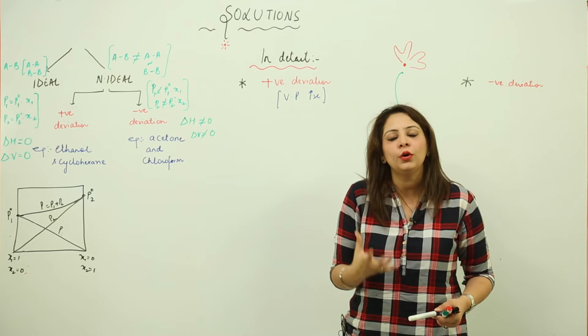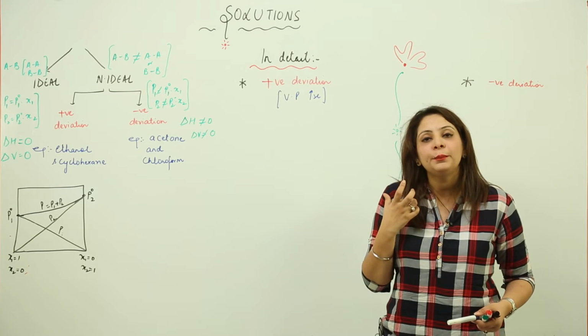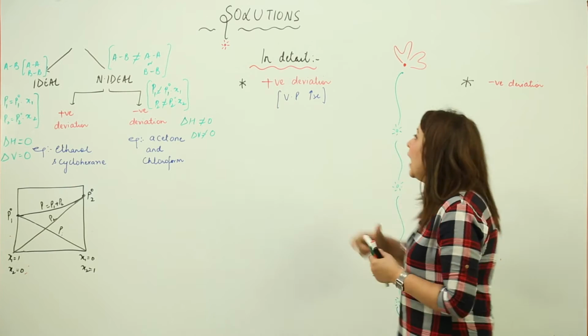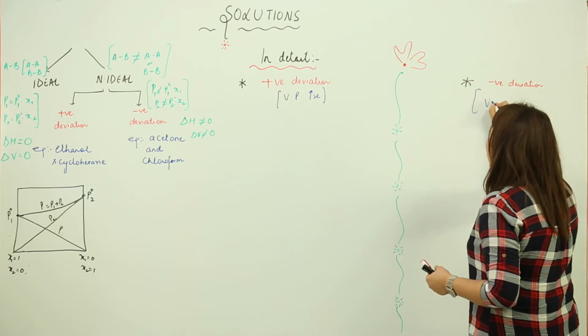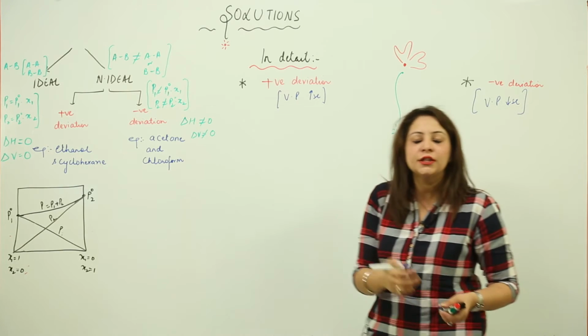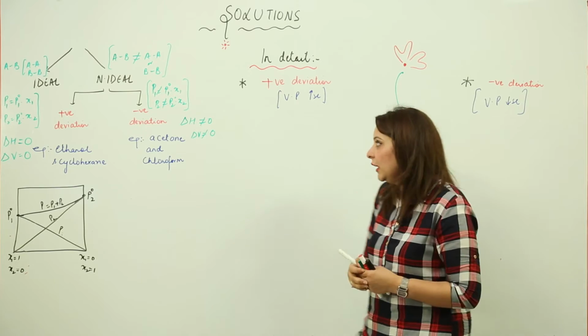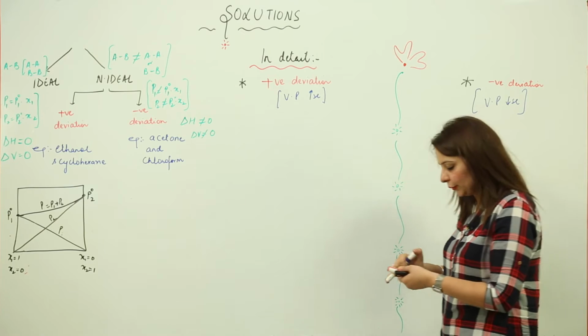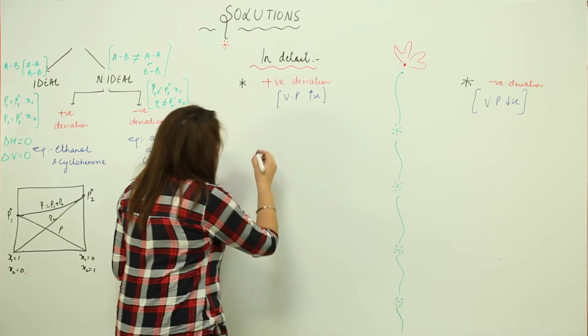On the whole, we can say that the partial pressure of the solution is increasing in this positive deviation. And in negative deviation, the vapor pressure is somehow decreasing. Now I will discuss this positive deviation in detail, and then we will take up the negative deviation. See what happens in this case.